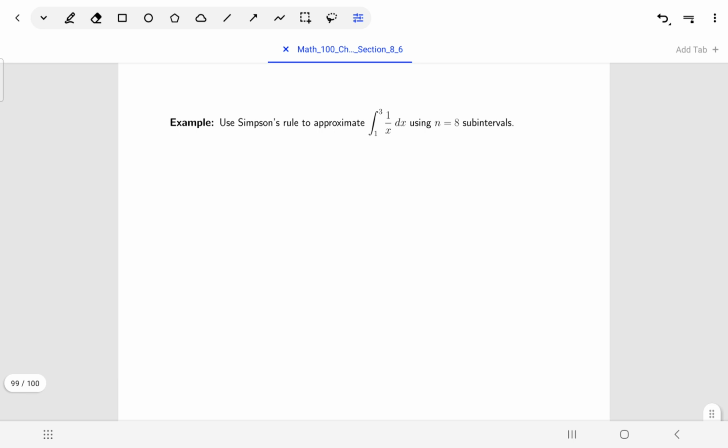So now we're going to use Simpson's rule to do the same definite integral as before, same number of subintervals. So again, I know what my y values are. My y values for that interval were 1 and 4/5 and 2/3 and so on, same as before.